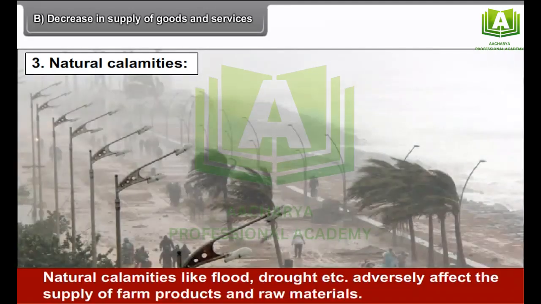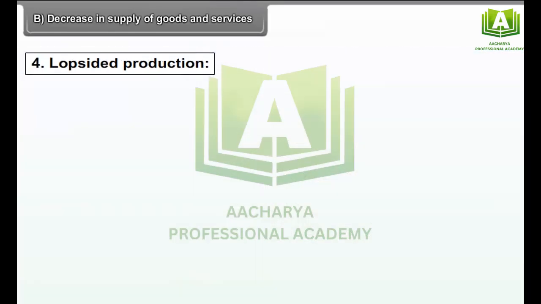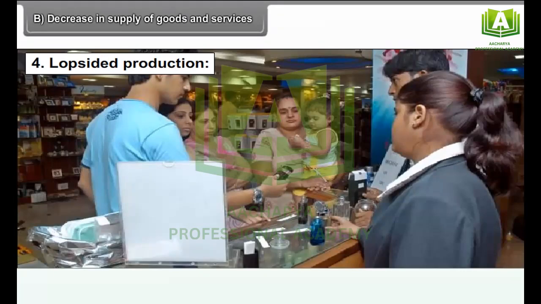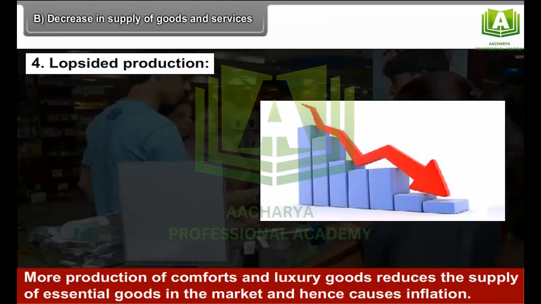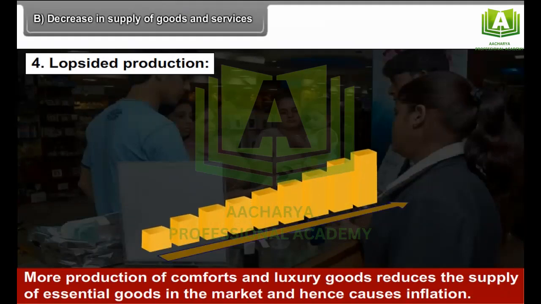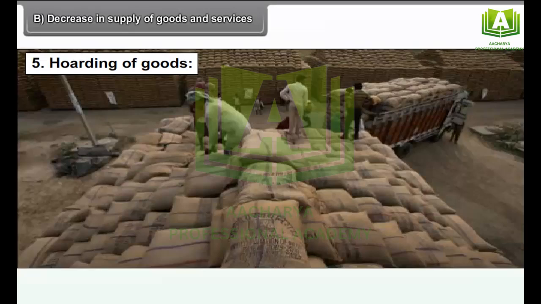Natural calamities like flood, drought, etc. adversely affect the supply of farm products and raw materials. 4. Lopsided production. More production of comforts and luxury goods reduces the supply of essential goods in the market and hence causes inflation. 5. Hoarding of goods.